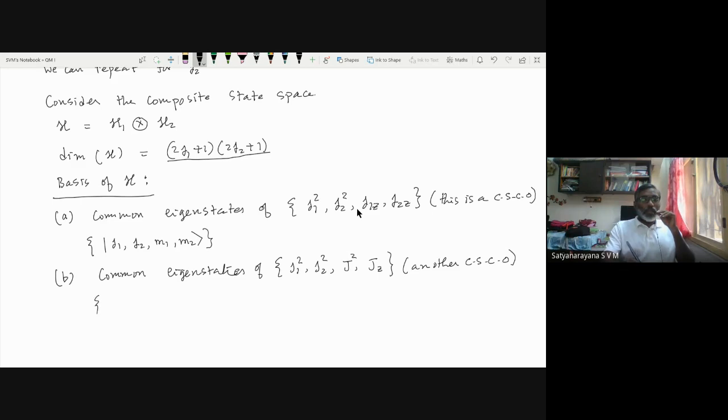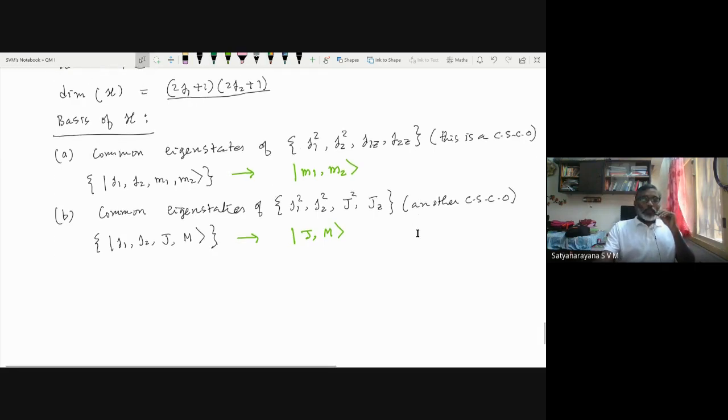Let us denote this as J1, J2, capital J, and capital M. Since J1 and J2 are common in these two bases, we will denote this in shorthand as simply M1 comma M2, and this as J comma capital M. We should keep in mind that J1 and J2 are a part of this, but just for writing purposes, let us simply write this.